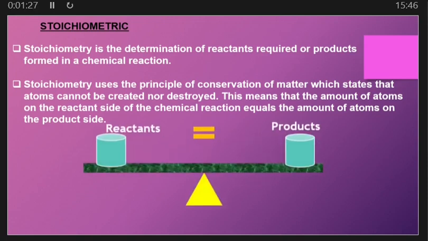For example, in this diagram we have, as you can see, the amount of reactants on the left side of the equal sign must balance with the amount of products on the right side of the equal sign. Alright? So in stoichiometry, we make sure that the amount of reactants and the amount of products balance. Right? So let's continue.